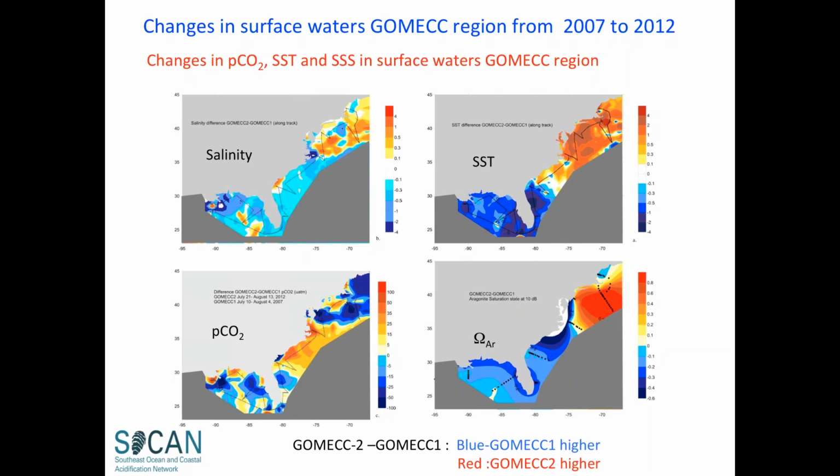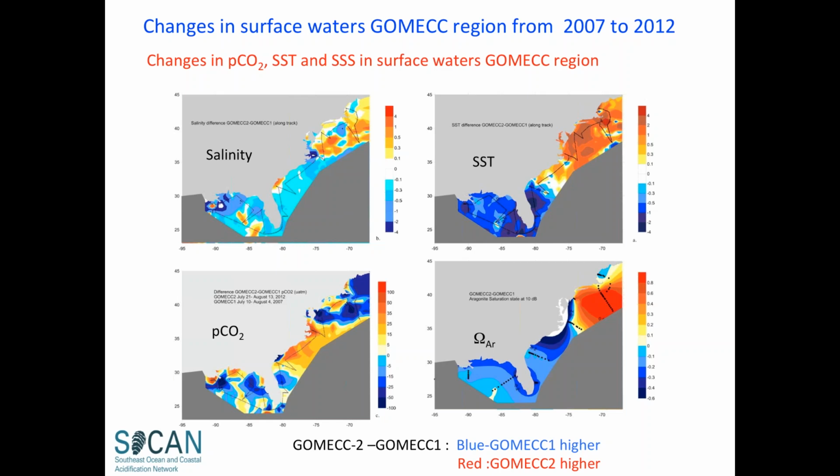If we look at the anti-correlation between PCO2 and aragonite saturation states, we can see how PCO2 is driving the saturation state for large regions. It's also worth noting that while the Gulf of Mexico was too cold and the northeast was too warm, the South Atlantic Bight was just about right.